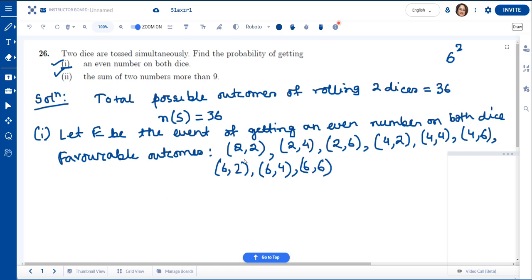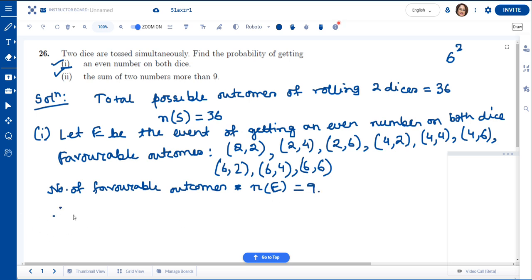If we count how many, 1, 2, 3, 4, 5, 6, 7, 8, 9. So the total number of favorable outcomes, n(E), is equal to 9.